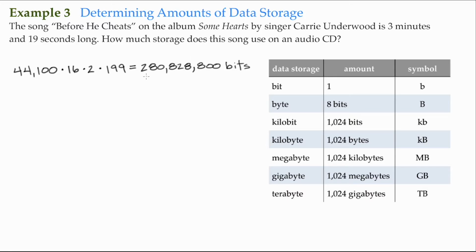So we know that there are 280,828,800 bits that the song Before He Cheats uses on a CD. So we'll transfer this into bytes, which is that next unit of measure. And we know that there's 8 bits in a byte.